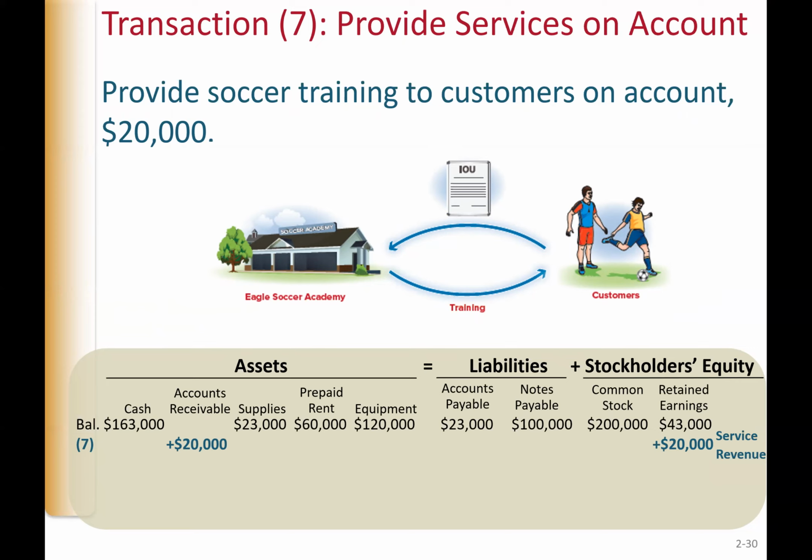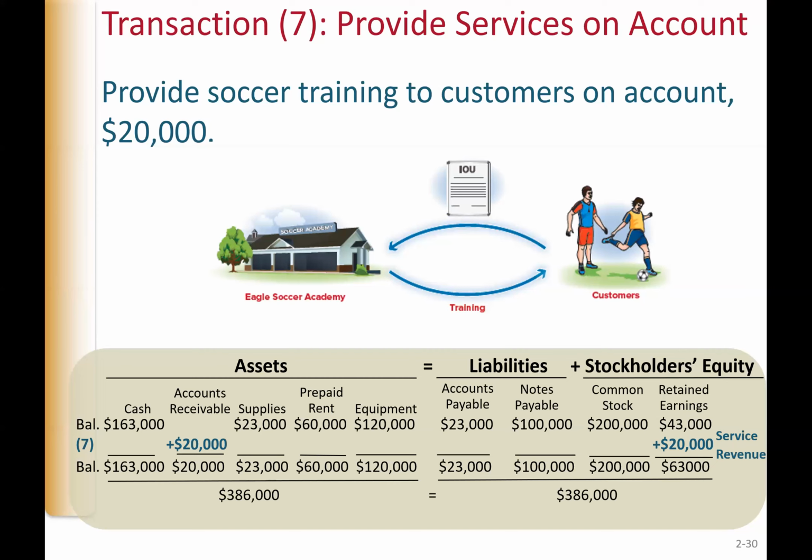It's money that is due to us, that we will receive. So in this case, it's an asset because it's a resource for us. We're going to receive this money. We debit our accounts receivable and we credit an account called service revenue. Do we balance? We still balance, don't we?